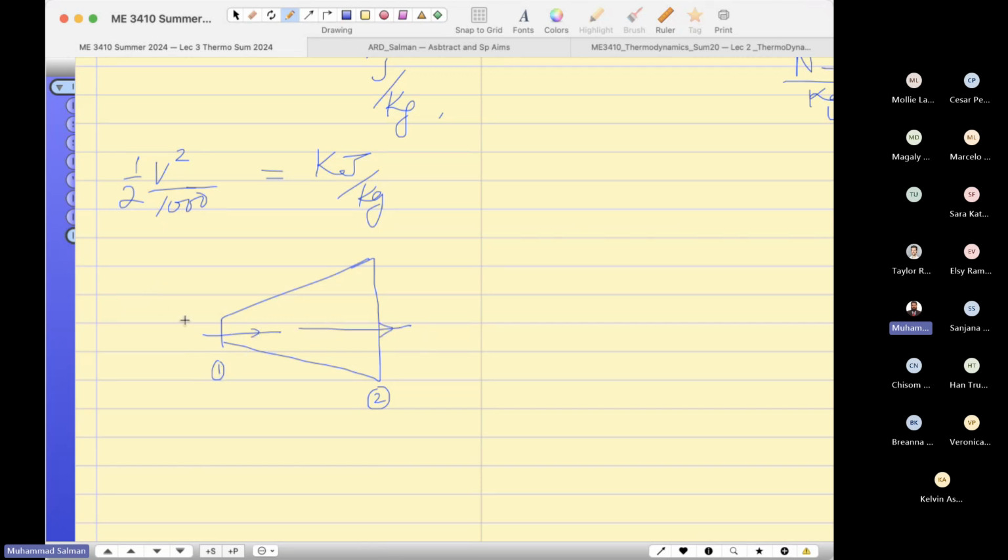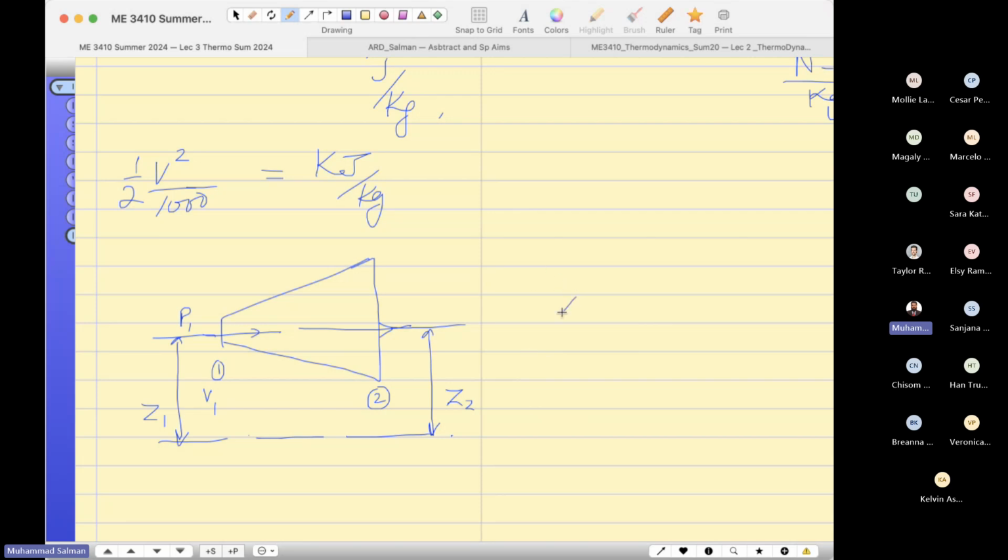At location one, this is the datum line. You see, this is Z1. At location one, Z1 is there, velocity V1 is there, and pressure P1 is there. And at location two, this is Z2, and the height is the same, the center line.